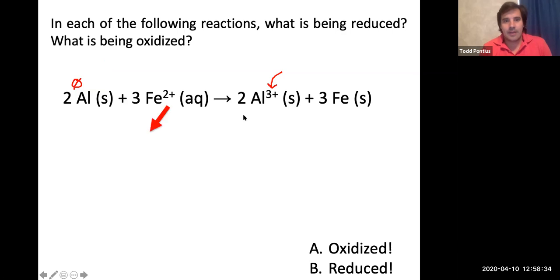Okay, next question. What about the iron 2+? What's happening to it? And go. Once again, I'm getting trolled with C and D answers. Please get your answer in 3, 2, 1, and 0.